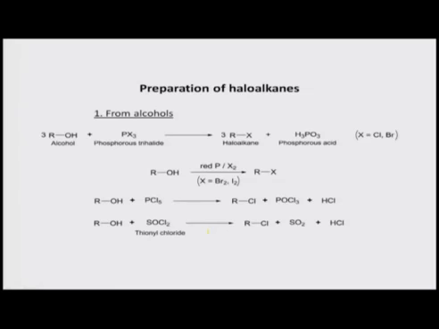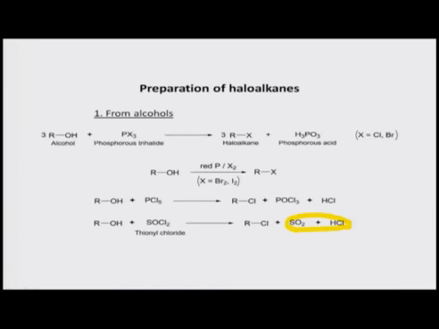So this is something that we have already discussed, and the most important point when we were discussing the synthesis of haloalkanes from alcohols was the fact that when an alcohol is treated with thionyl chloride, SOCl2, that gives the haloalkane along with sulfur dioxide and HCl. So these 2 are the byproducts that are formed in the reaction, and interestingly these are gases.